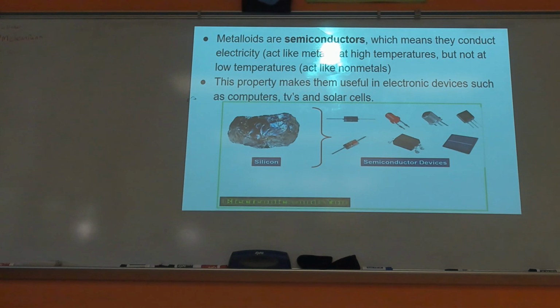When you have a computer, there are times when you want that computer to act like a metal. When you turn on your laptop, you want the electricity to flow through it, acting like a metal, conducting that electricity. But there are times when you don't want certain parts of a circuit in your laptop to conduct that electricity. In that case, you want it to behave like a nonmetal. And silicon will act like that.